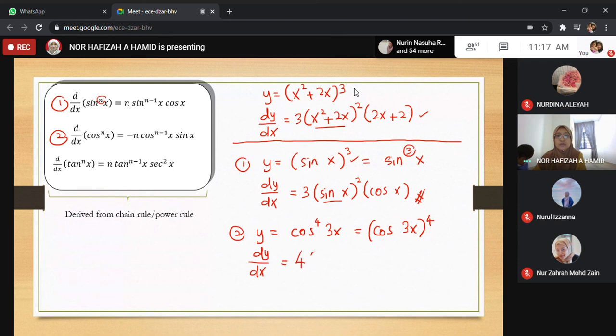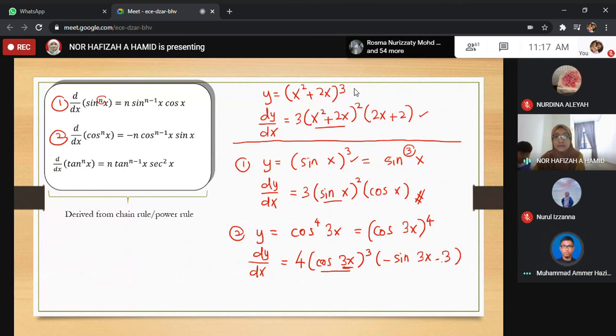So 4, you have cos 3x. And then 4 minus 1, you have 3. And differentiate cos 3x is differentiate cos negative. So negative sin 3x. Lepas tu jangan lupa differentiate balik 3x. So times dengan 3.